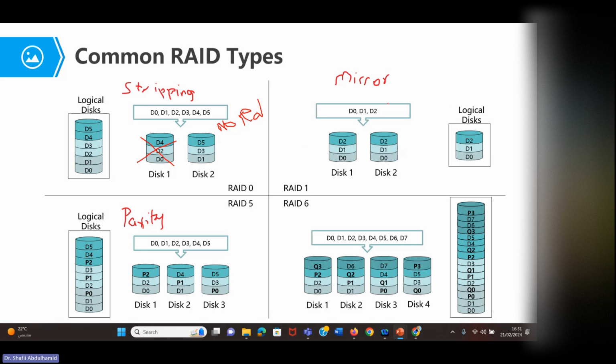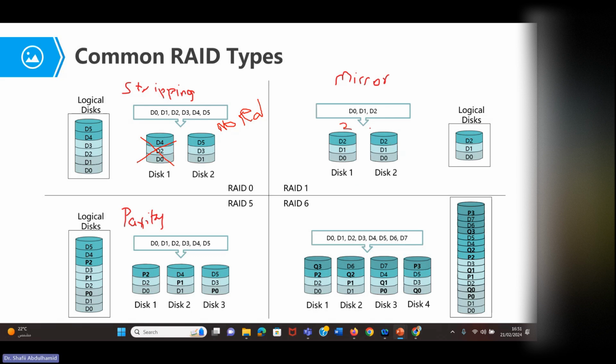Actually, even in RAID 1, you can recover this, but in RAID 0, you cannot recover a file when one of the disks crashes. Because this is mirroring in RAID 1, it implies that if you have a 2 gig file, 2 gig will be stored here, and the same 2 gig will be stored also here.